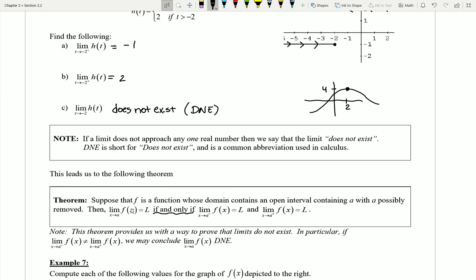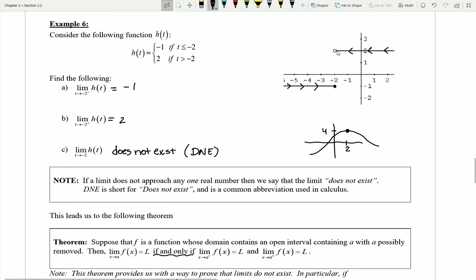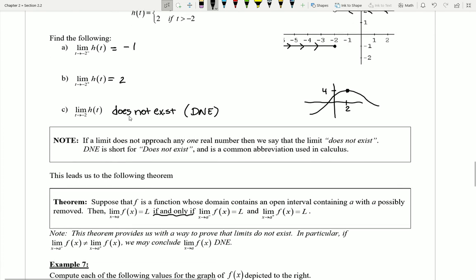So what this then means is that I have a nice way now of checking to see if limits maybe do not exist. So as it states here in the note, this theorem provides us with a way to prove that a limit does not exist. In particular, if I find that the limit from the left and the limit from the right are not the same, kind of like what we saw up here in this example, coming at this function from one direction and another gave us two different answers.